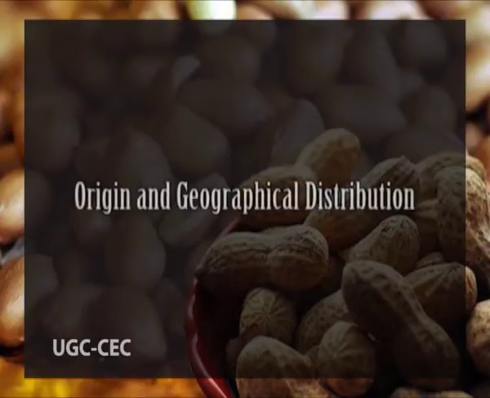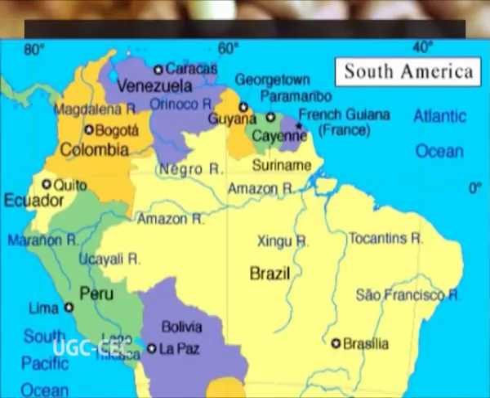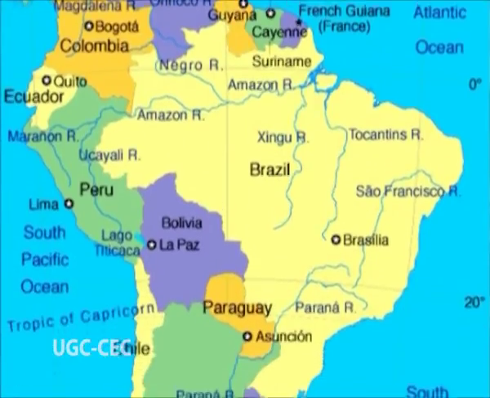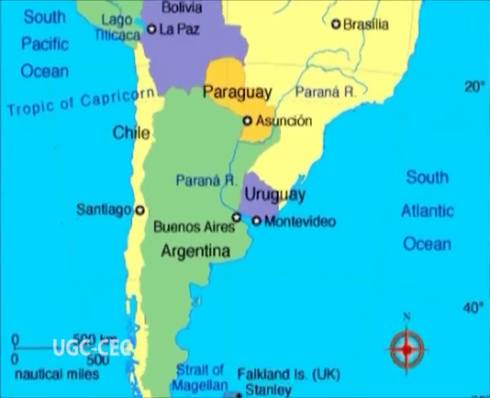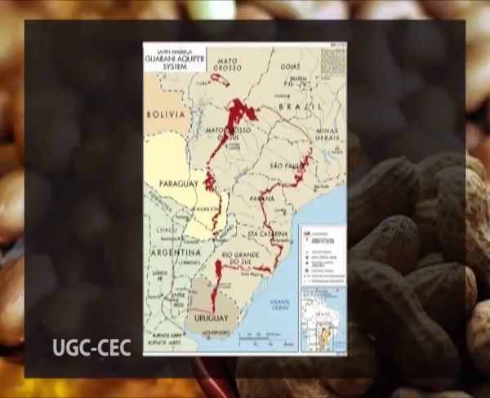Now we come to the origin and geographical distribution of the species. The center of origin of the cultivated groundnut has been discussed many times, but is still not clear. It is believed to have originated in South America, particularly Bolivia, Peru, Brazil and northwestern Argentina. Brazil has been generally recognized as the major center of diversification of the genus.